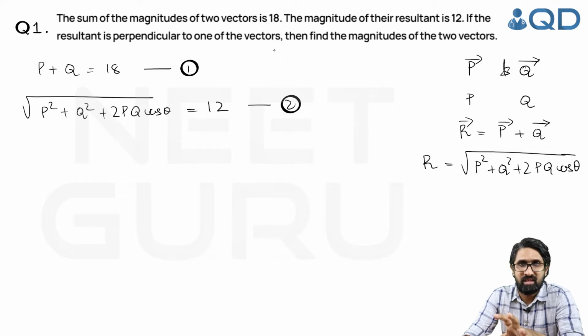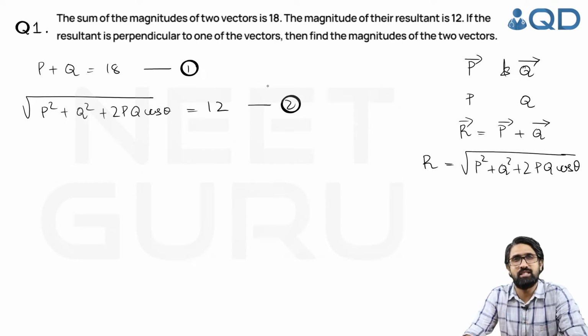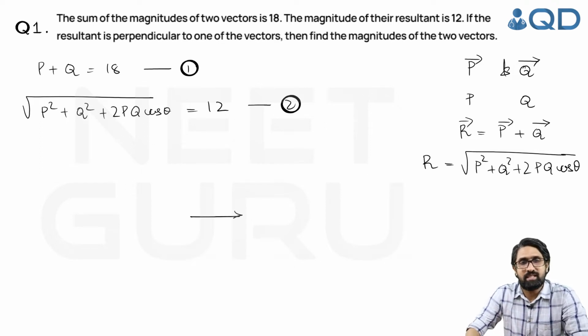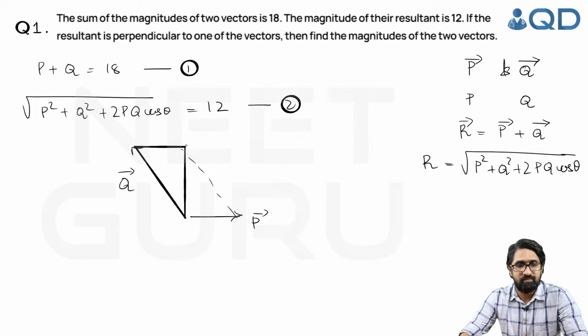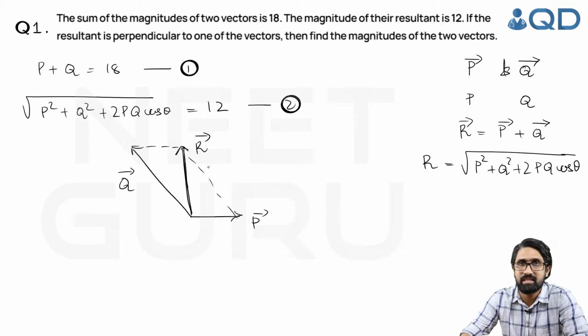Now the third clue tells us that the resultant of these two vectors is perpendicular to one of the vectors. So let's try and draw a figure which matches the situation. We have vector p here and we have our vector q here. And if I try to find the resultant in terms of the parallelogram law, I'll complete the parallelogram here and I'll draw the diagonal, which would give me the resultant, and this here will be r vector, and the question tells us that r vector is perpendicular to p vector.